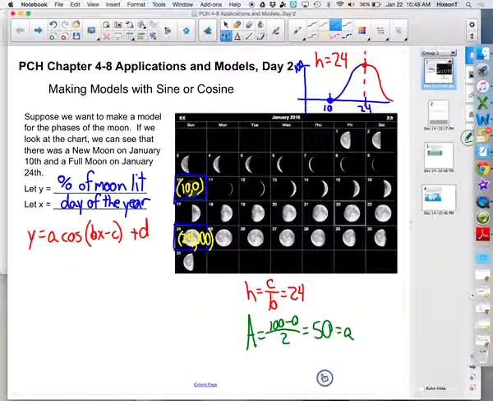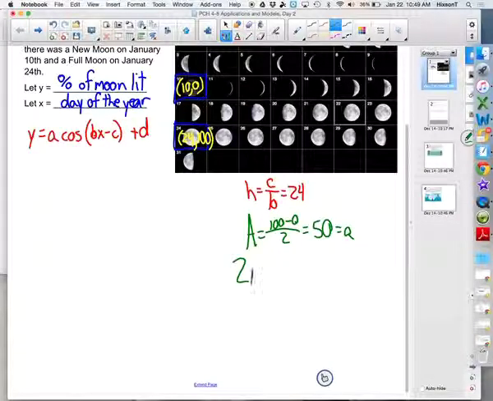Period. Okay. How are we going to figure out our period? 2 pi over b equals 24. Okay, 2 pi over b. You're saying the period is 24.